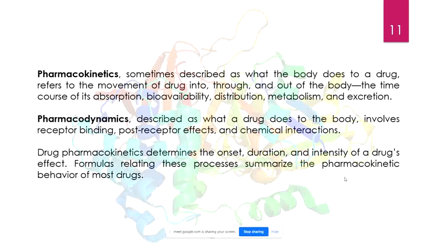Because when a particular drug gets metabolized, certain compounds give rise to ROS and NOS. You know ROS and NOS? Reactive oxygen species and reactive nitrogen species. And why is this name reactive?